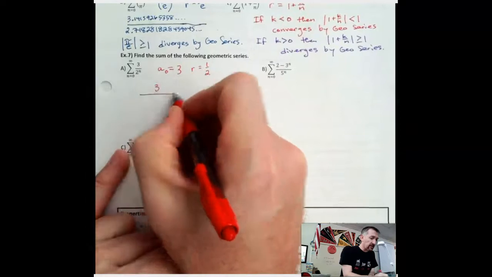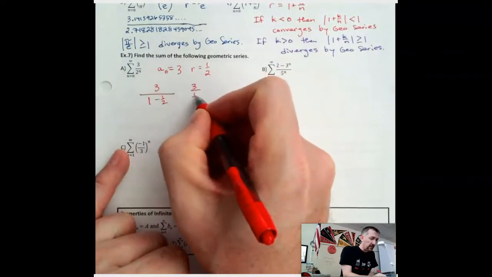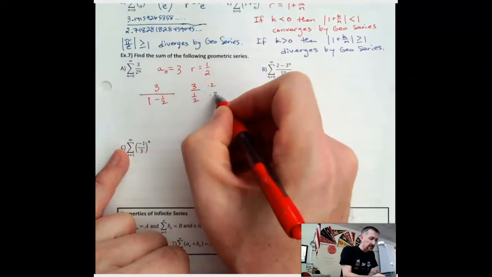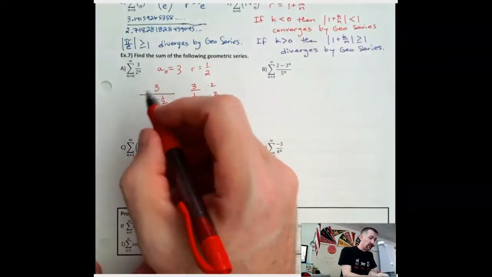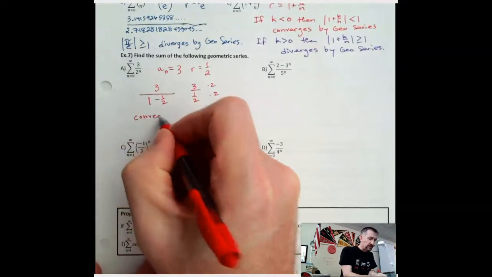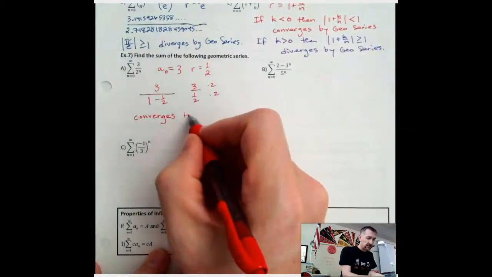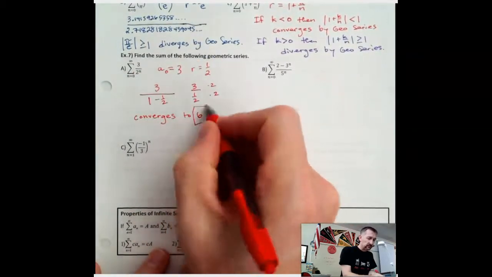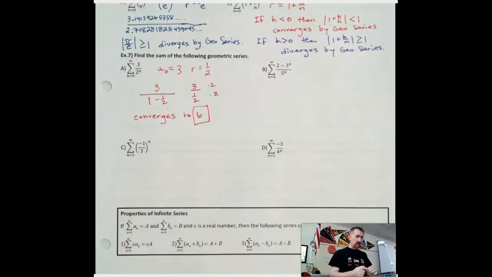So we're going to have 3 over 1 minus 1/2, 3 over 1/2. So that's going to be 6. So we could say that the sum converges to 6. I'm just going to write the answers down for the other ones.